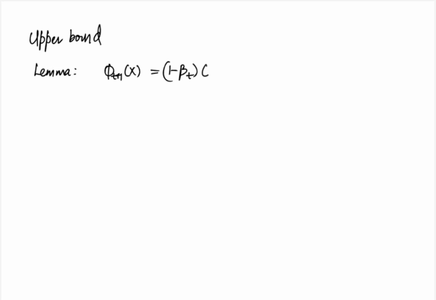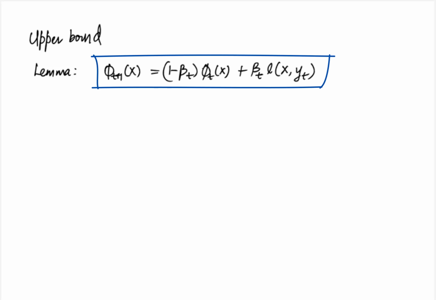Therefore, this is a constructive proof of the accelerated gradient descent. Next, we show that it is possible to specify phi t in an alternative fashion such that the upper bound condition is satisfied. So the result is that the sequence of functions defined iteratively as phi t plus 1 of x is equal to (1 minus beta t) times phi t of x plus beta t times L of x comma yt, where beta t is greater than 0 and L of x comma y is a lower bound on f of x, such that f of x is greater than or equal to L of x comma y for all y.